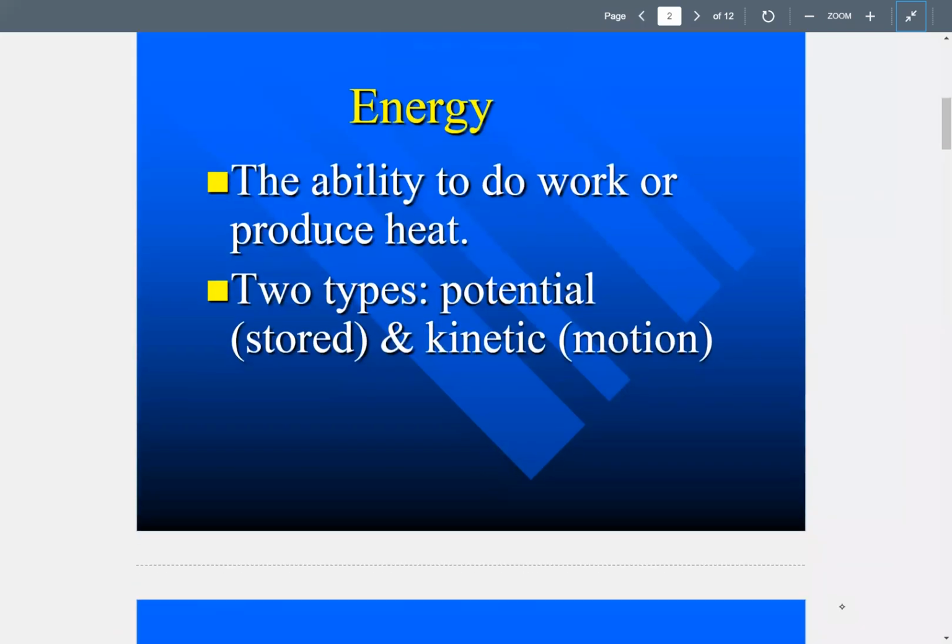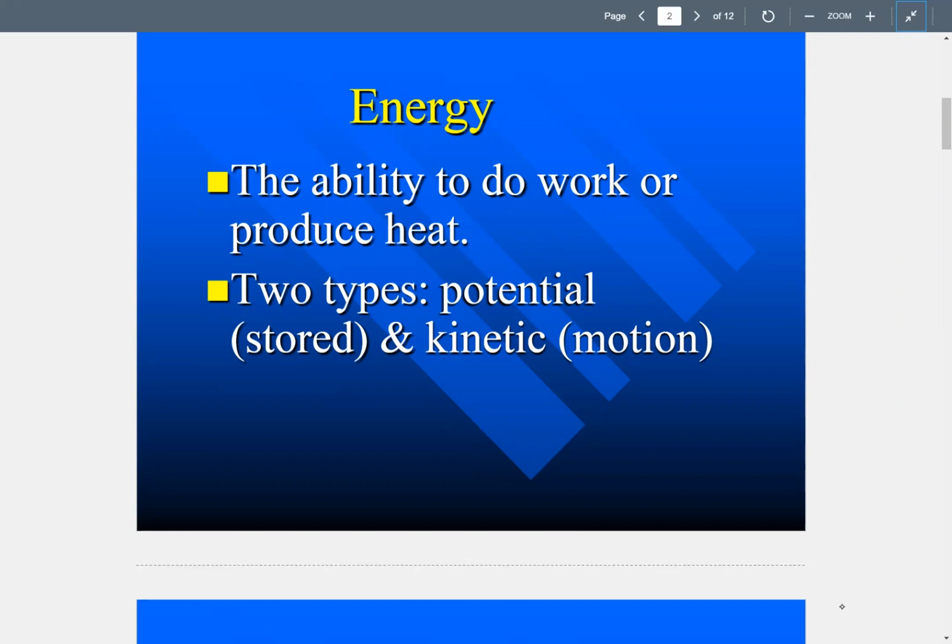So first off, to define some stuff, what the heck are we talking about when we're talking about energy? So we're going to use our physics definition for energy, and that is the ability to do work or make heat. Now, when it comes to chemical reactions, the work would be considered the rearrangement of the molecules, but you also might exert a pressure, and that pressure could be used for work.